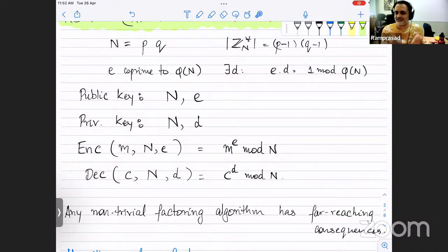A lot of crypto systems that use RSA and so on strongly rely on the fact that factoring is hard.